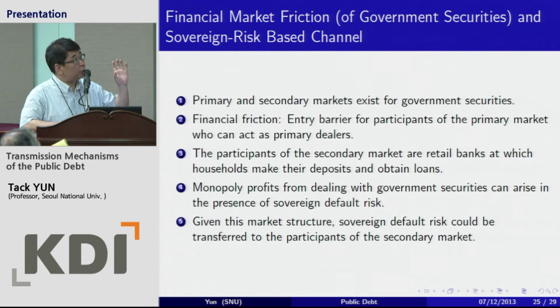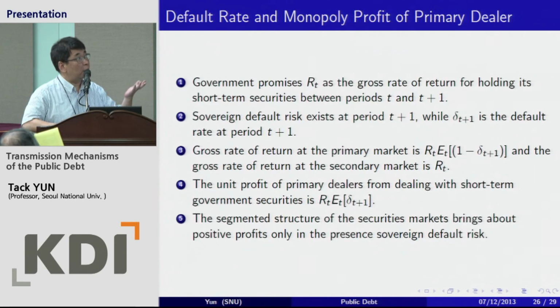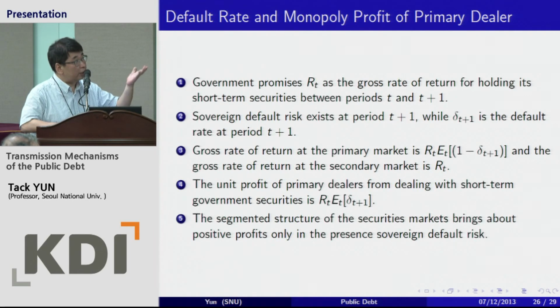The participants of the secondary market are retail banks, and monopoly profits from dealing with government securities can arise in the presence of sovereign default risk. Given this market structure, sovereign default risk could be transferred to the participants of the secondary market. So the wholesalers just transfer the possible loss to the retailers. Also, the interest rate applied to households depends on the interest rate of the retail banks.